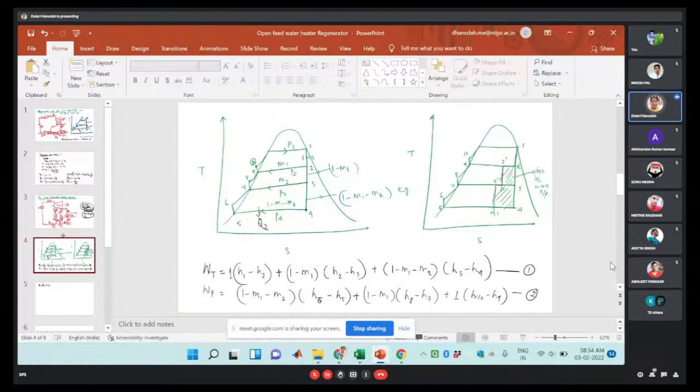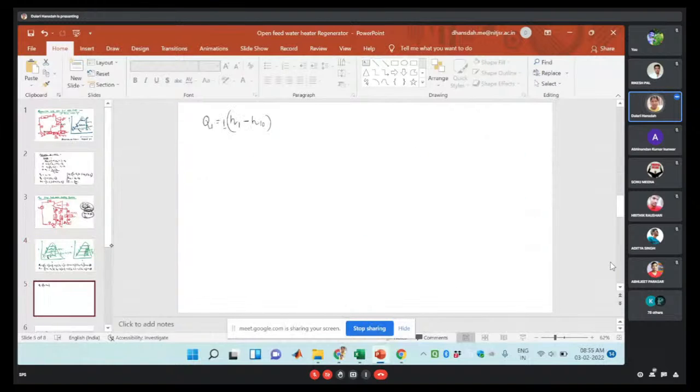Okay, so this is the heat addition. Then there will be the heat rejection. Heat rejection will be at this point, right? So the points are 4 to 5. Okay, got my point. So 4 to 5 will be the heat rejection. So I can write down that the fluid is 1, condensate is 1 minus M1 minus M2 multiplied with H4 minus H5.